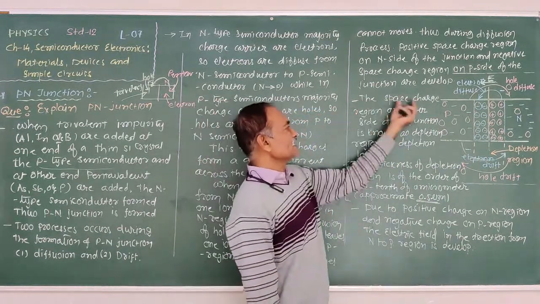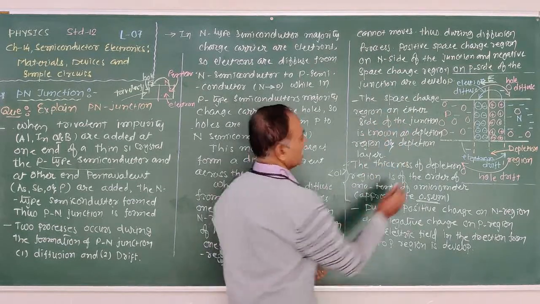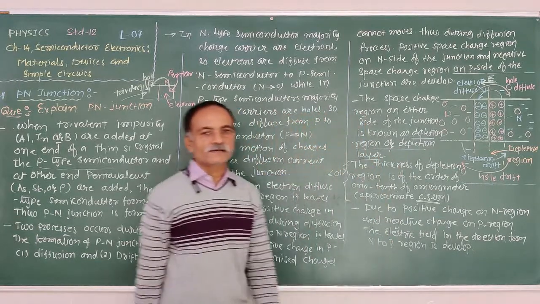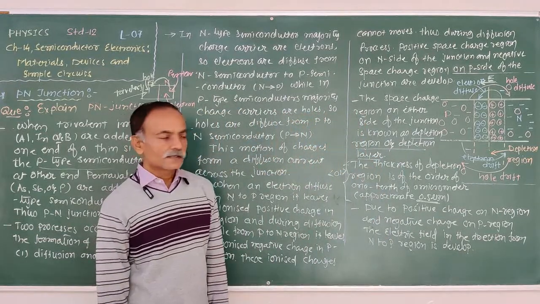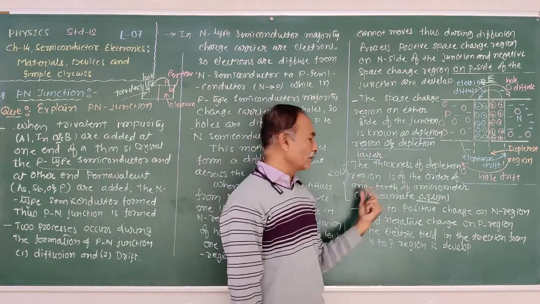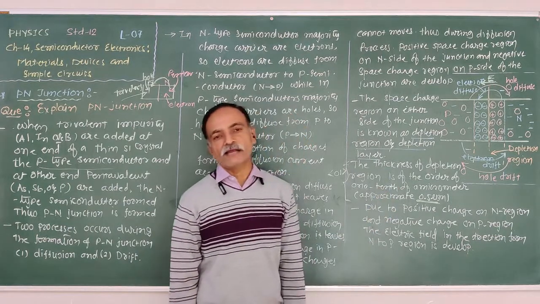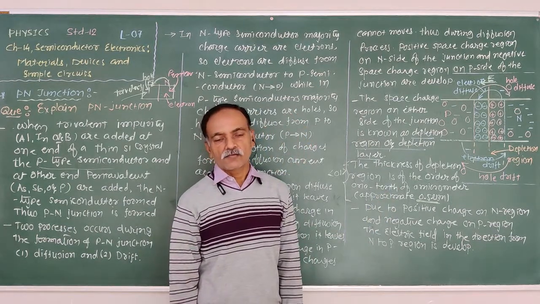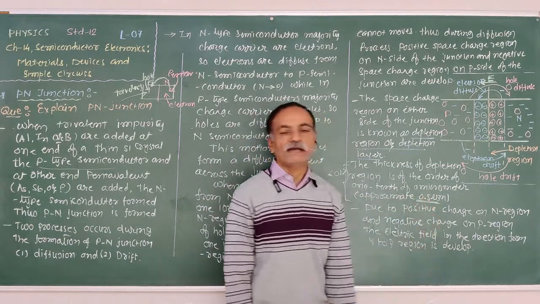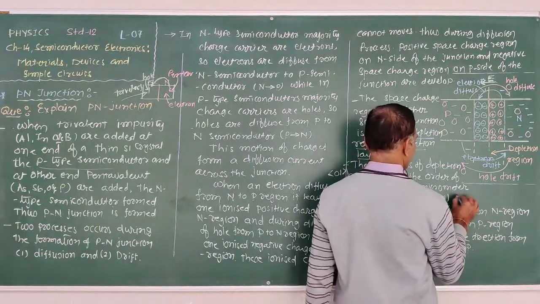The space charge region on either side of the junction is known as the depletion region or depletion layer. Right? The thickness of the depletion region is of the order of 1/10 of 1 micrometer, approximately 0.5 micrometer in a PN junction.